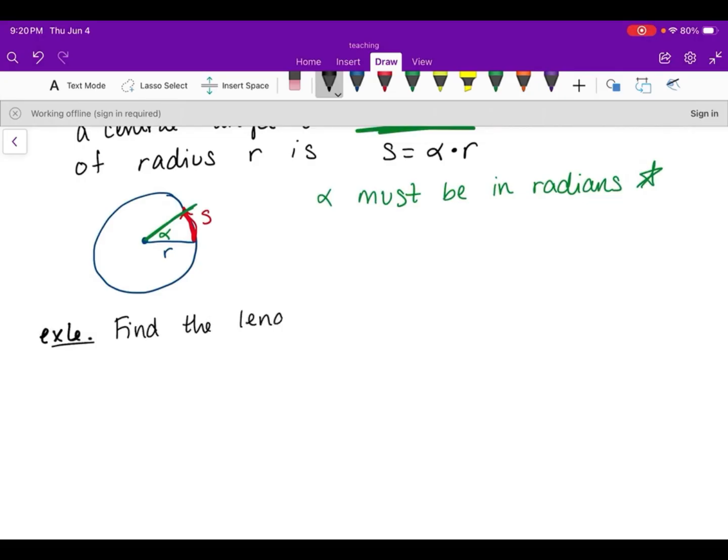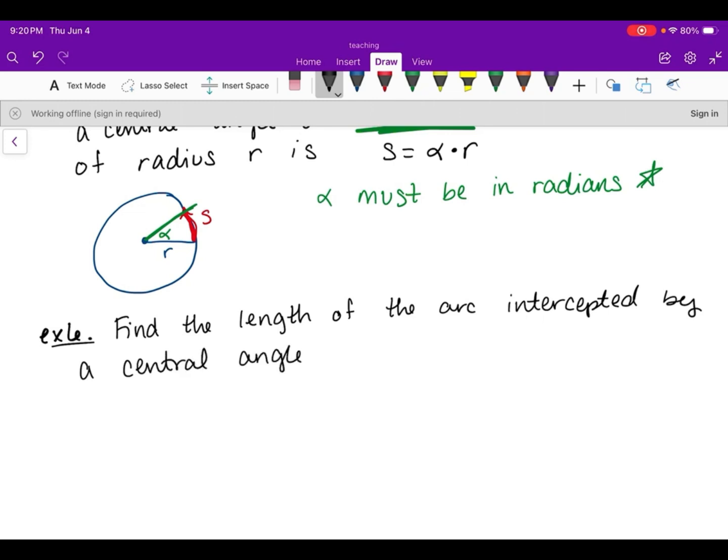Let's go ahead and look at an example. This says find the length of the arc intercepted by a central angle theta on a circle with radius r.